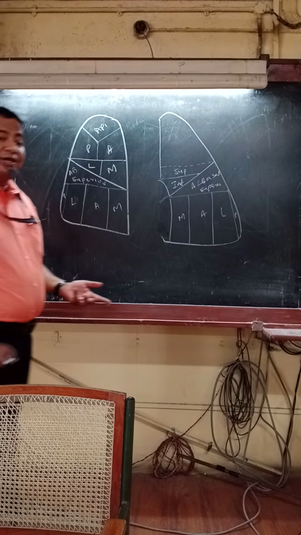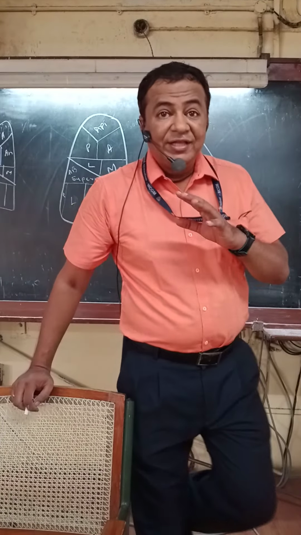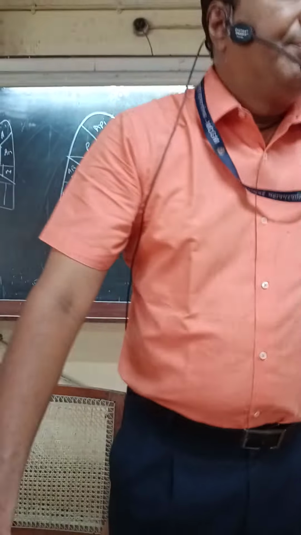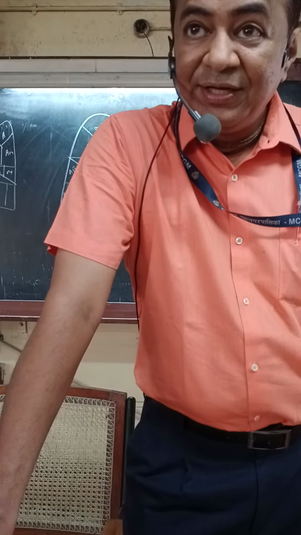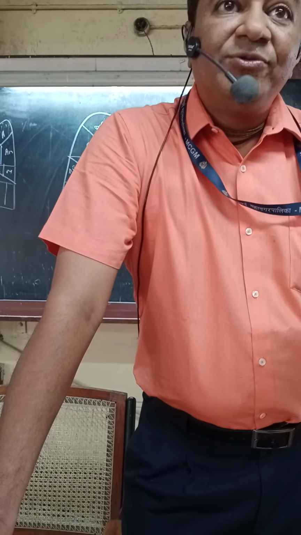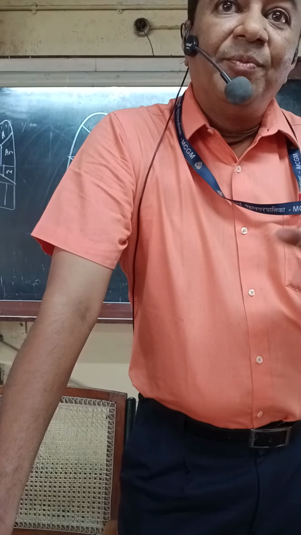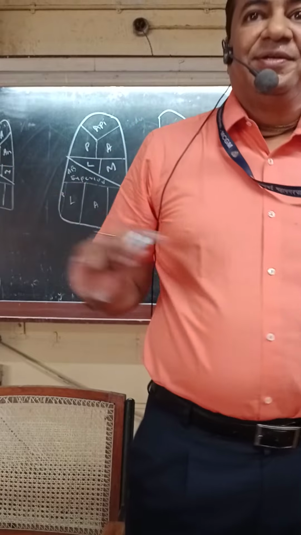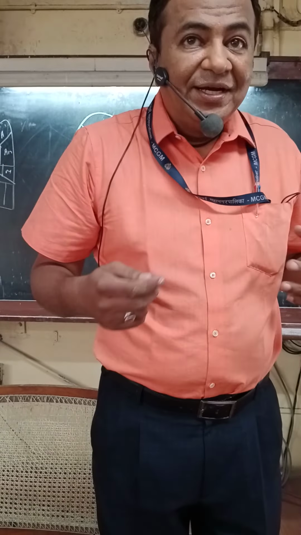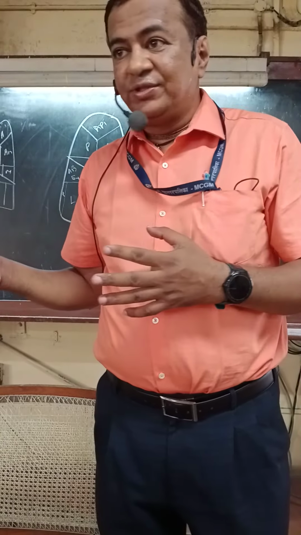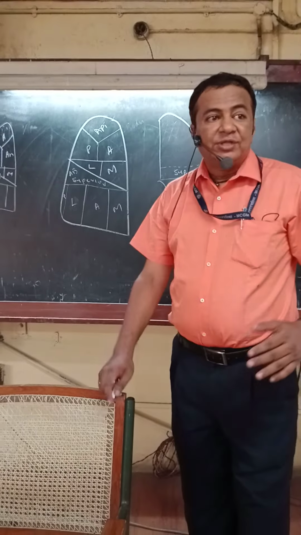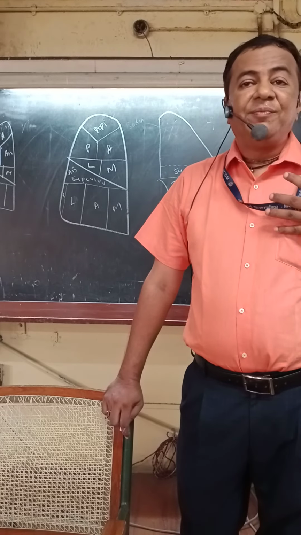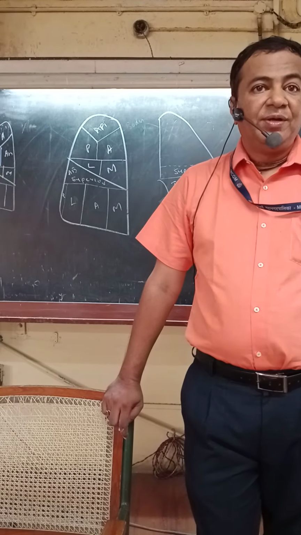Now what is the significance? Previously, when there was no knowledge of bronchopulmonary segments, people didn't know about anti-TB treatment. For TB, they used to do pneumonectomy, removing the whole lung at once. Then they discovered lungs have lobes, upper lobe, middle lobe, lower lobe. So then they started doing lobectomy. If TB is in the upper lobe, lobectomy.